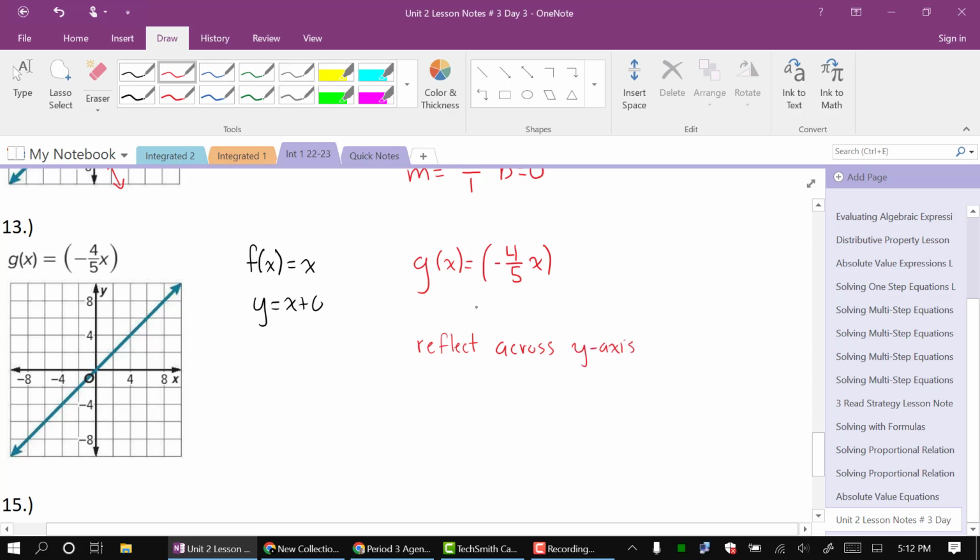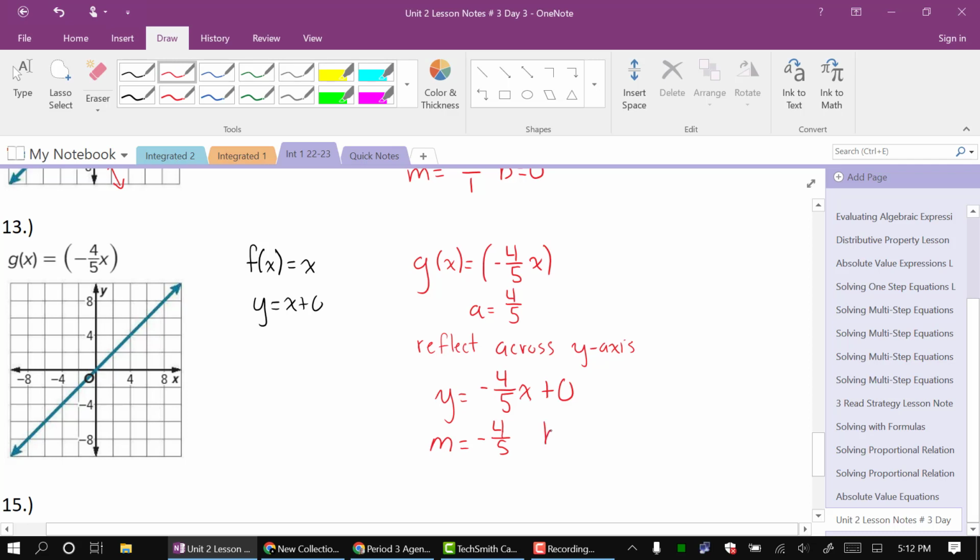And what is my a value? My a value for this problem is 4 over 5. Remember, the negative lets you know that it is a reflection. That's why it's not included here with the a. What am I graphing? Well, I'm graphing y equals negative 4 over 5x plus 0. So my m value for what I'm graphing is going to be negative 4 over 5.